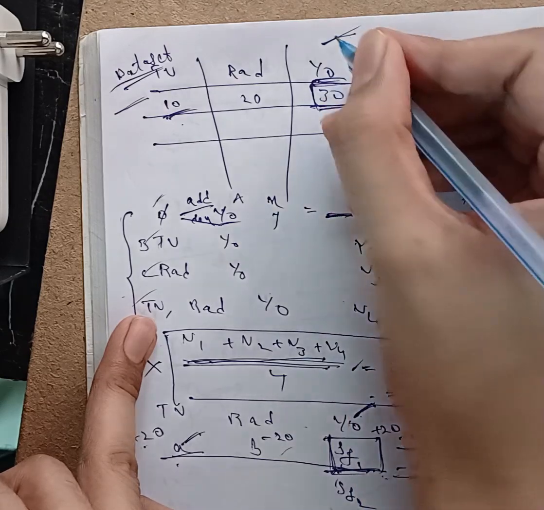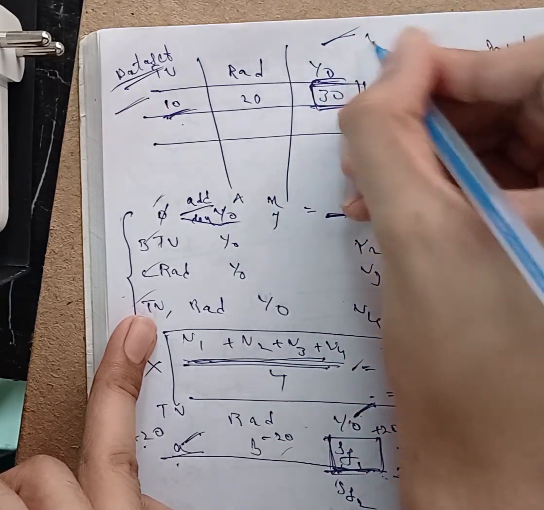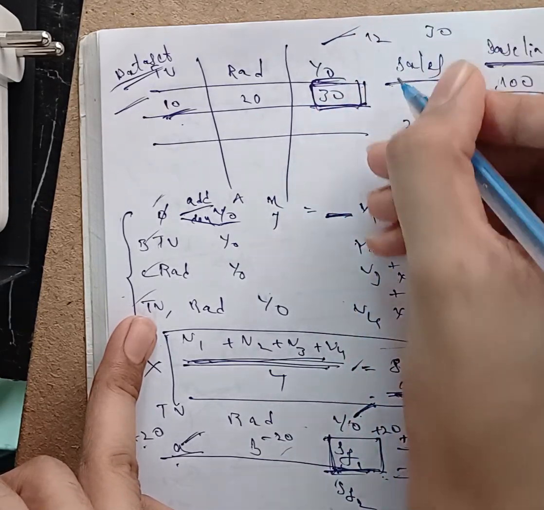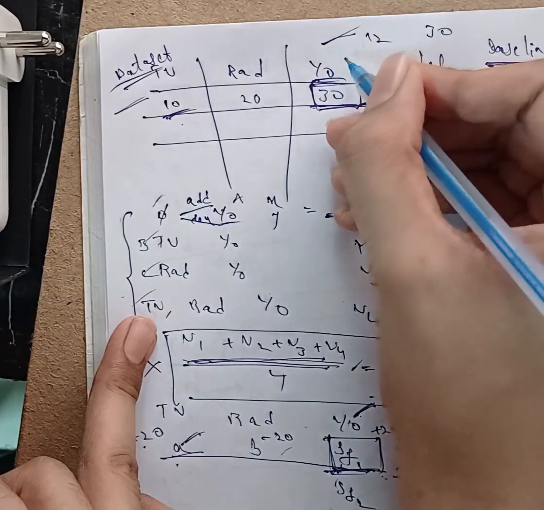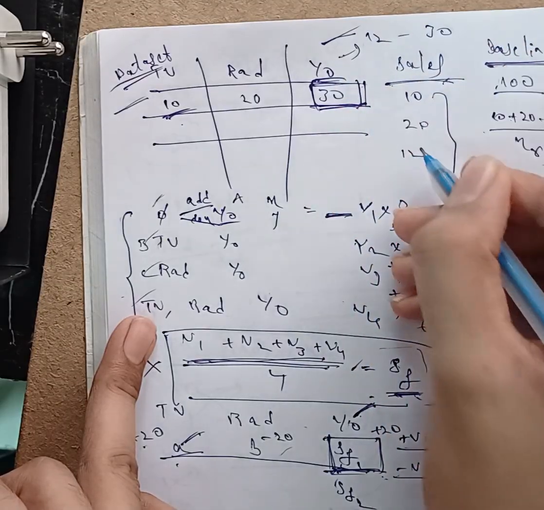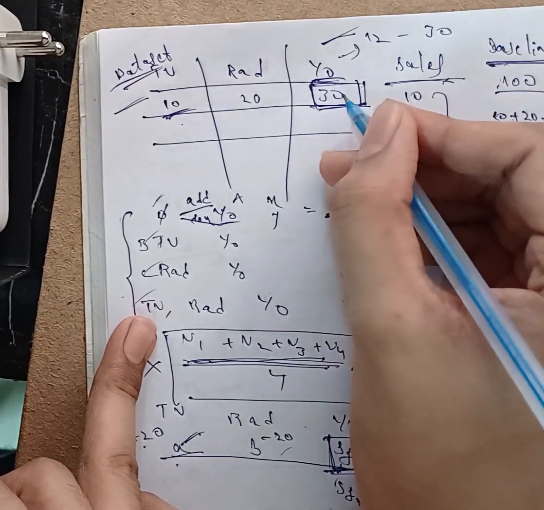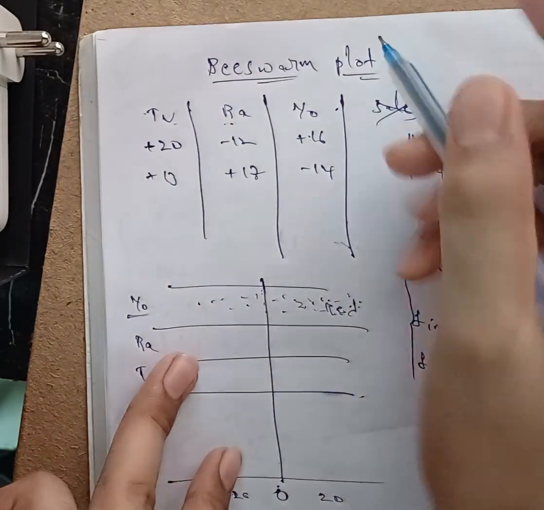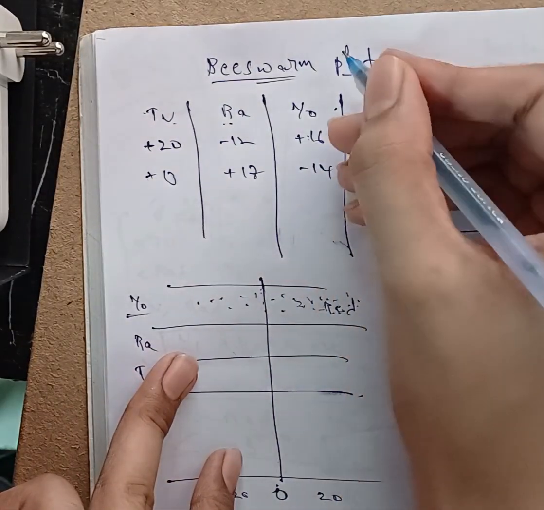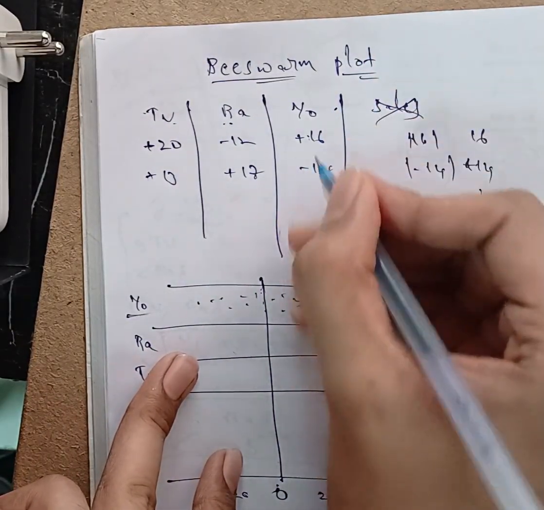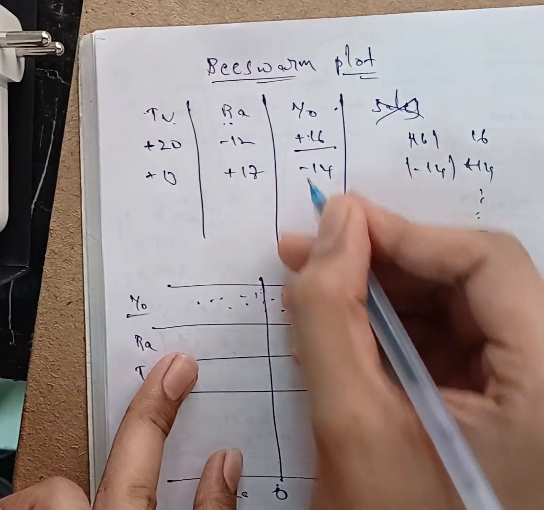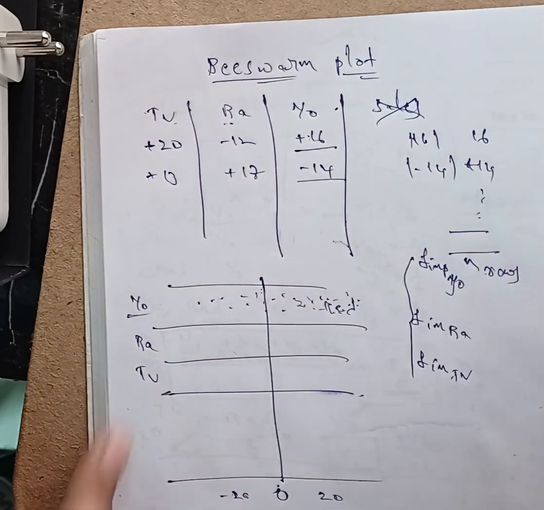The range of this YouTube feature is somewhere between 12 and 30. So 30 is the biggest value. Now for bigger values the SHAP value is positive, and for smaller values the SHAP value is negative.